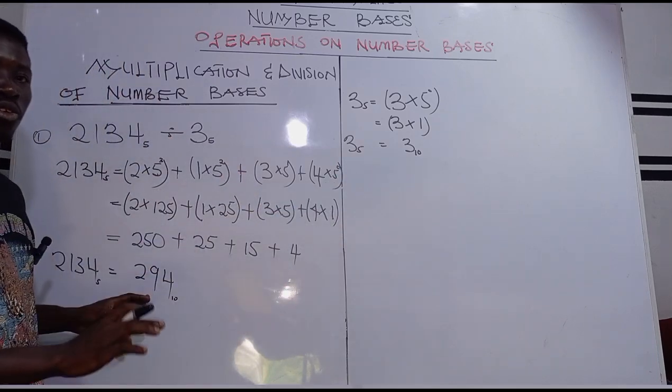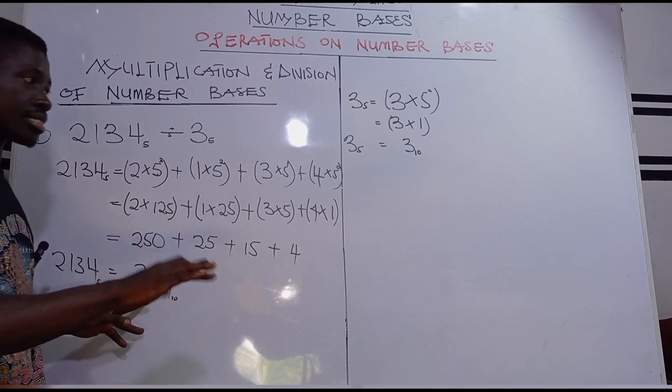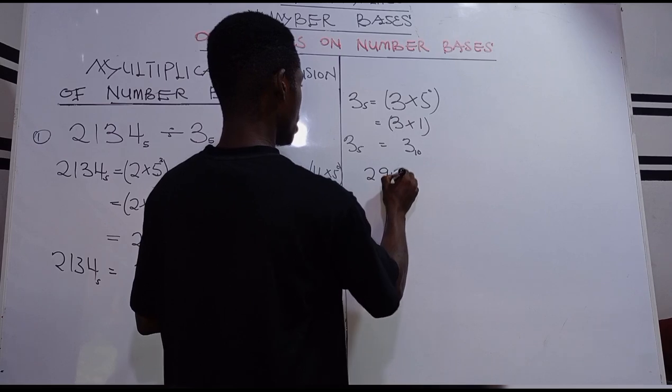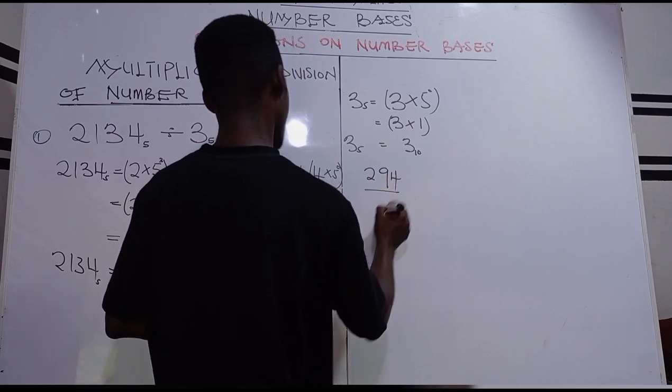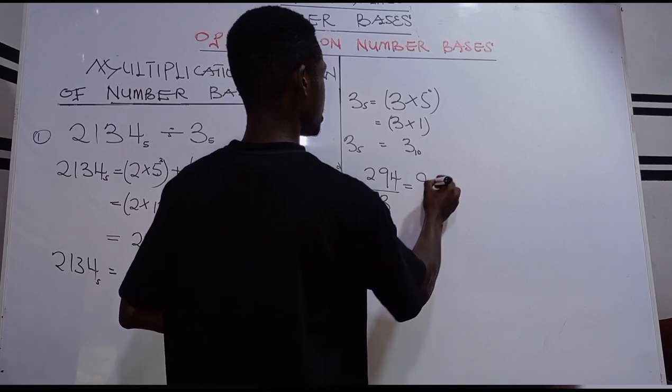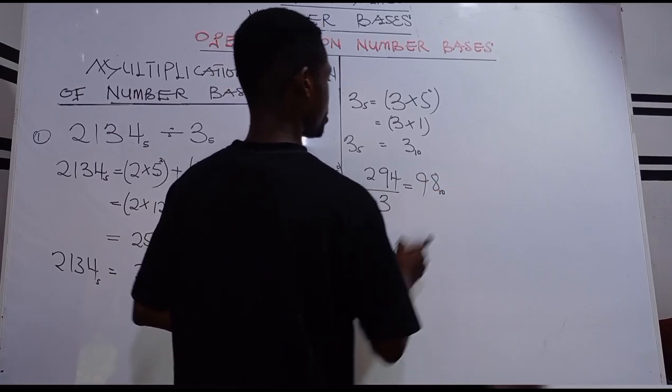So we are going to perform the division in base 10. So we are going to have 294 divided by 3. And this will give us 98 base 10.